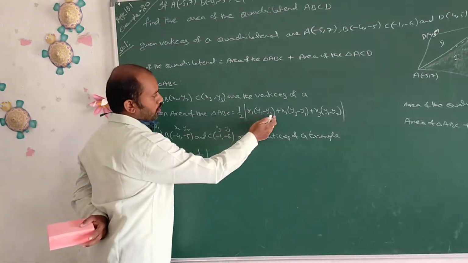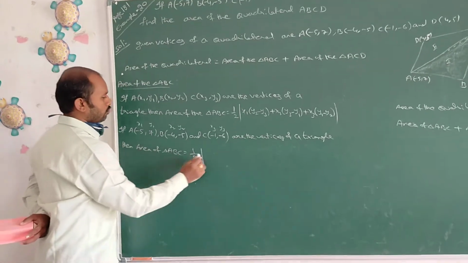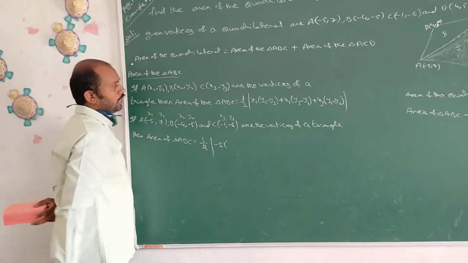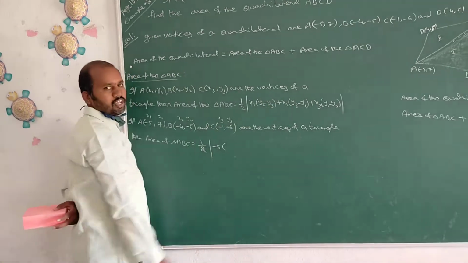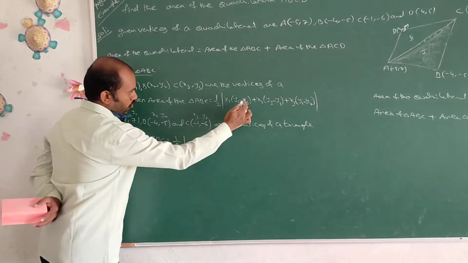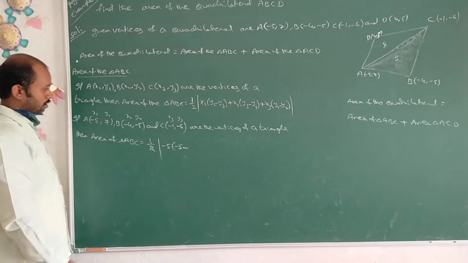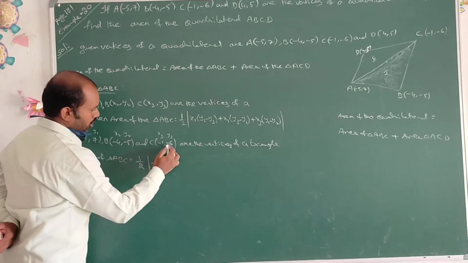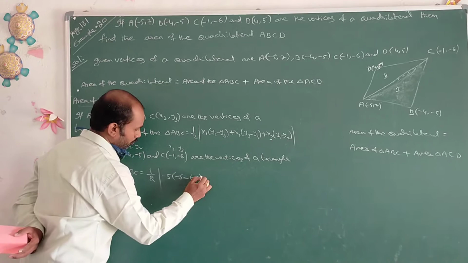In the formula first term x1, so you write x1 means -5 into, in bracket, y2 minus y3. So y2 means here -5. In the formula minus is there, so you write minus. y3 also minus, so -6.